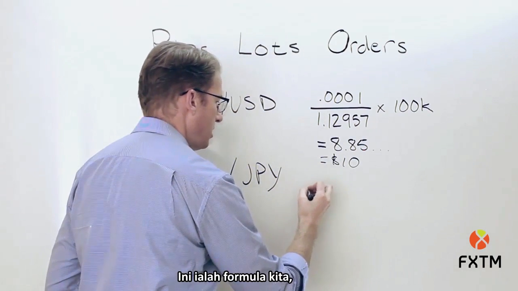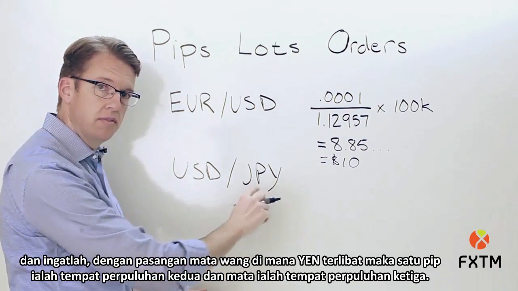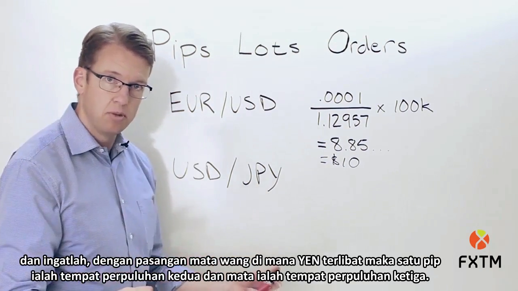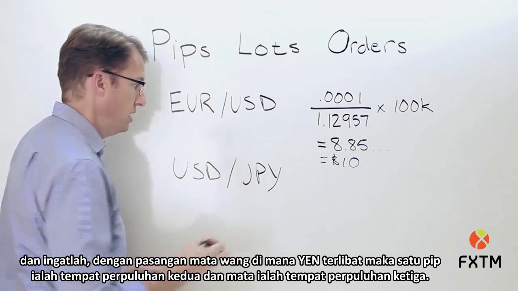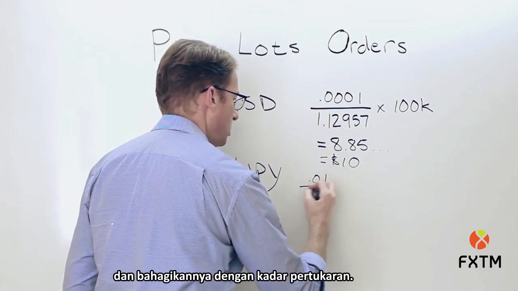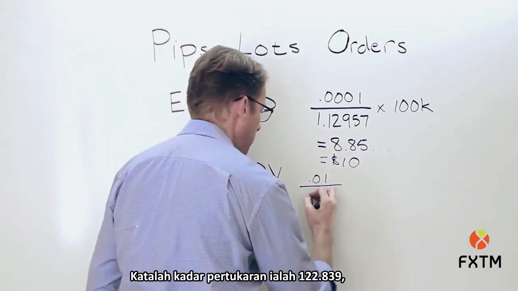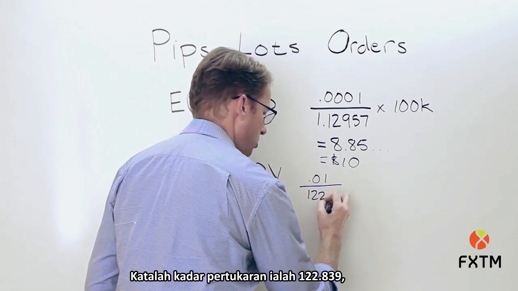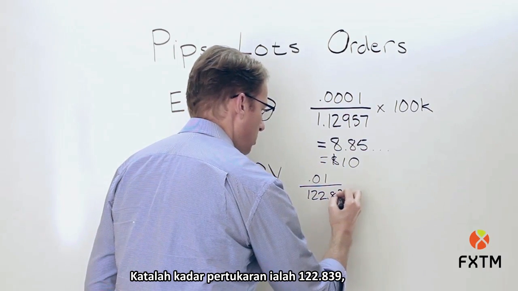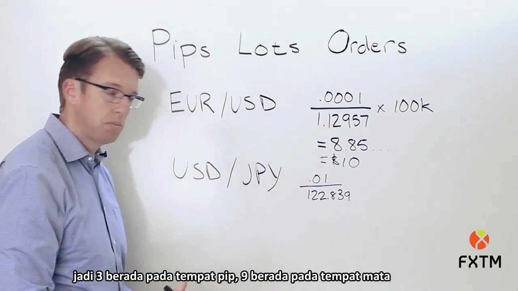So here we've got our formula. And remember, with a currency pair where the yen is involved, a pip is the second decimal place and a point is the third decimal place. So we're going to put in the numerator here 0.01. We're going to divide that by whatever the current exchange rate is. Let's assume that was 122.839. So the 3 is in the pip place, the 9 is in the point place.